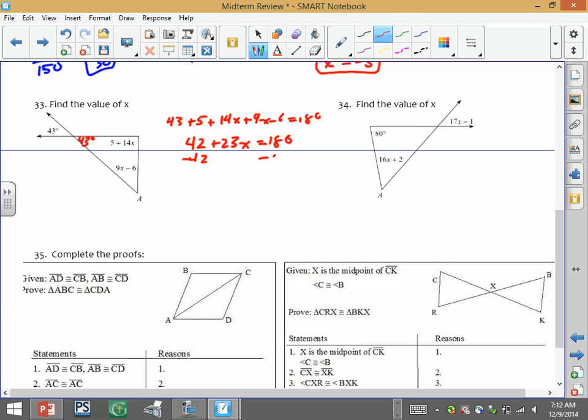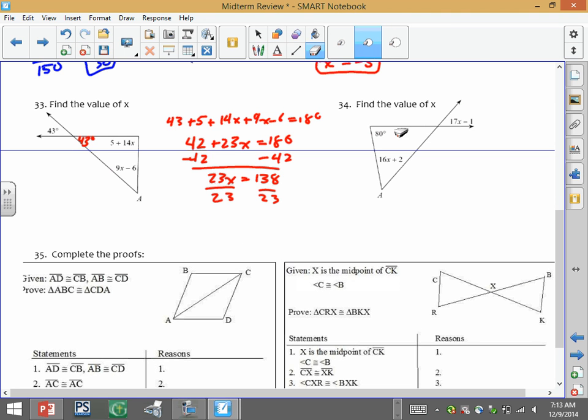Subtract 42 from both sides. So 180 minus 42 is 138. So we've got 23x equals 138. Divide both sides by 23, and you end up with x equals 6. We'll clean that up a little bit so it's easier to read.